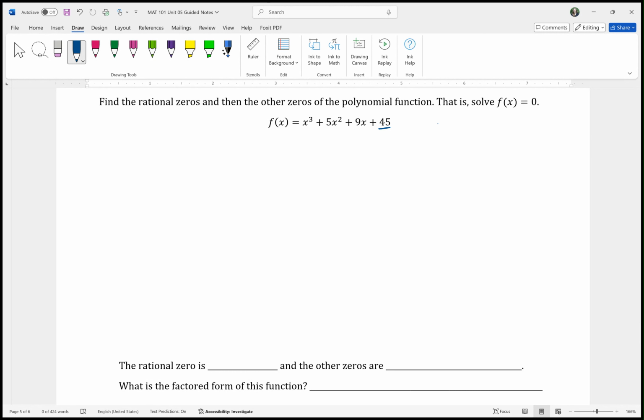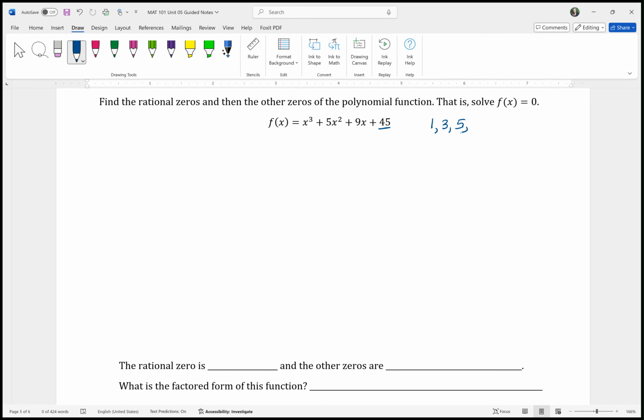So for 45, that would be 1, 5, what else? 9. Would 3 go into it? We didn't even try that. 45 divided by 3, yeah, 15. 5.